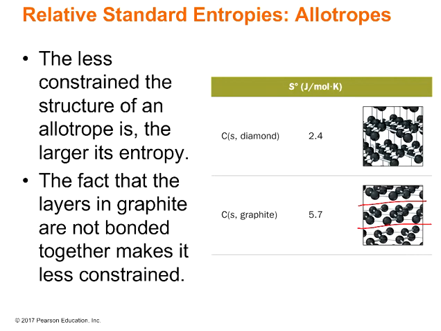But in diamond, everything is tightly bonded together. All of those carbon atoms are rigid and extremely structured. The fact that the layers in graphite are not bonded together makes it less constrained, so there can be more disorder or more entropy. So graphite has a larger standard molar entropy compared to diamond.